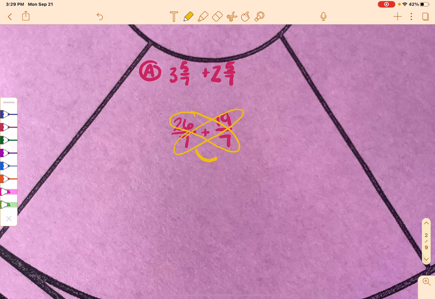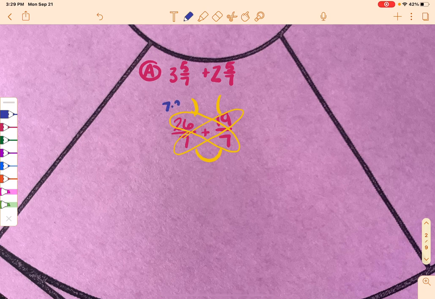So now I'm going to go ahead and make my butterfly. And as I go forward, we're going to start to multiply together. So the first one that I have is 7 times 26.